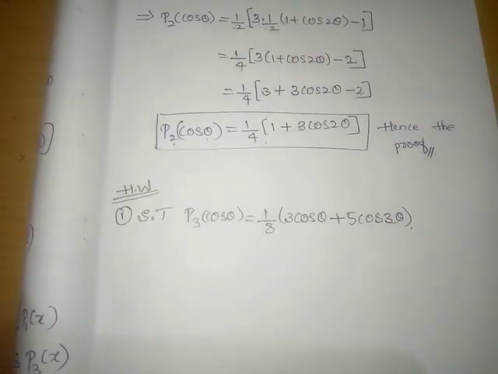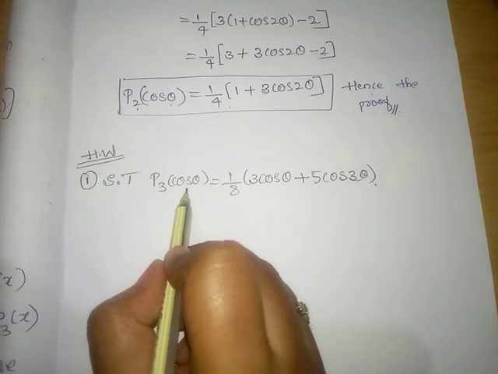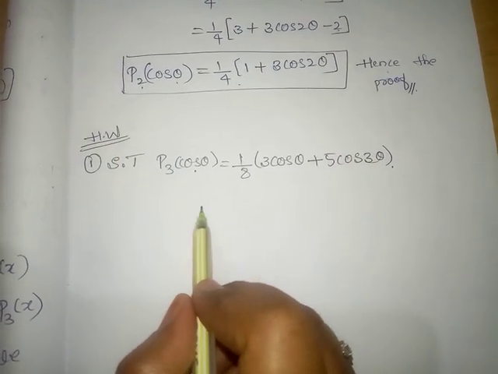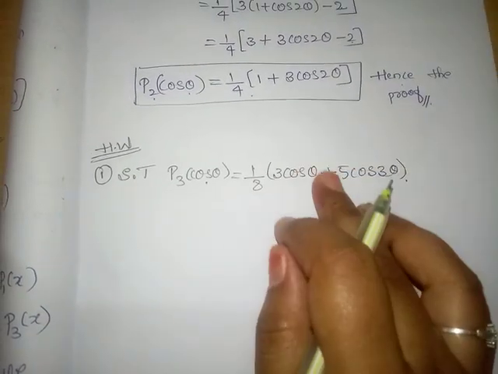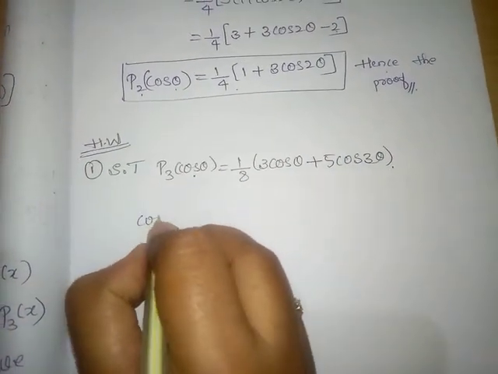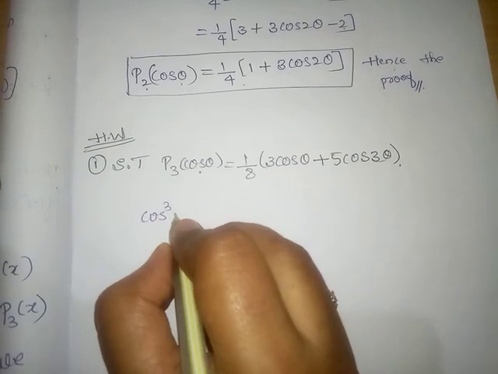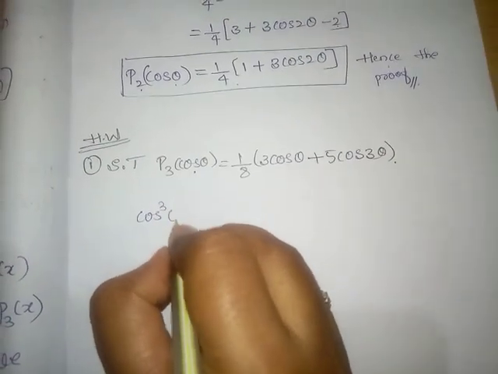Okay, see here also x value is cos theta. You have to use Legendre's polynomial P3 of x, and the trigonometric result which is helpful to solve this one is how we have to rewrite the cos cube theta.